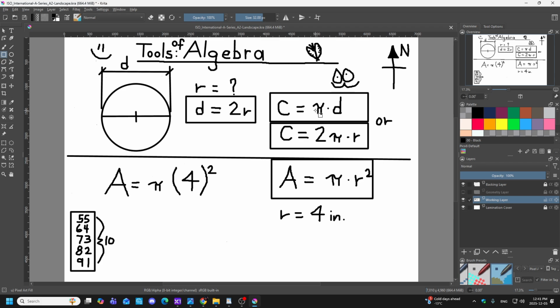All right? The process of replacing a variable in an expression or equation with a numerical value. All right, I'm just going to stop there. So that's what we've done. We've replaced r with a numerical value.